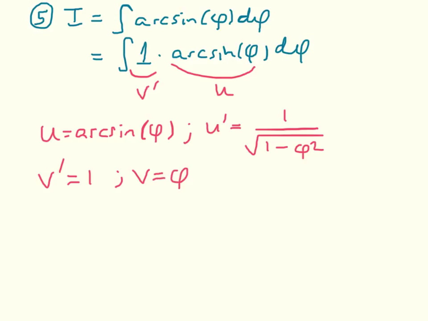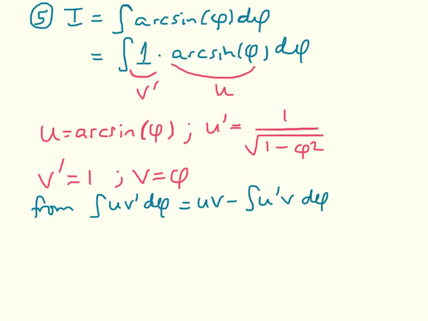So from our integration by parts formula, that the integral of u v prime with respect to phi is u times v minus the integral of u prime times v with respect to phi, we have that I is u times v, so that's arc sine of phi times phi.